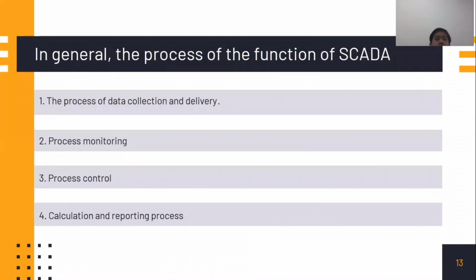In general, the functions of SCADA are: one, the process of data collection and delivery. Two, process monitoring. Three, process control. And the last, calculation and reporting process.